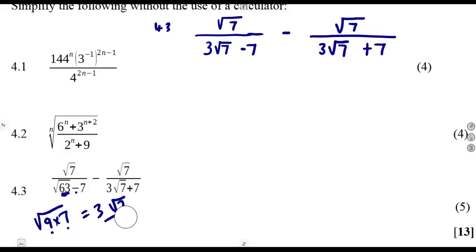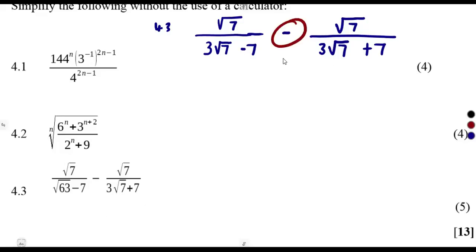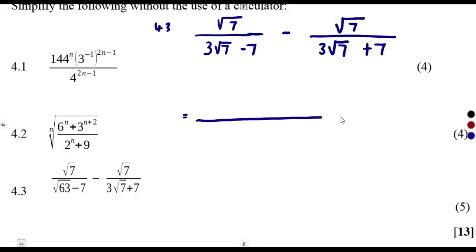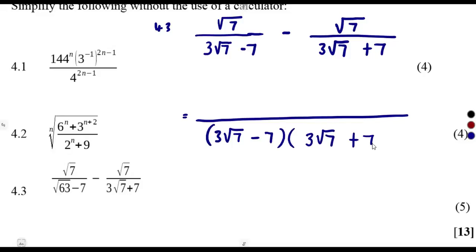So as we do understand simplification of fractions, addition and subtraction, you must consider the LCM. What is the LCM of our denominators? We're just going to take them as they are. As you can see, they are different. So this is 3 square root of 7 minus 7 into 3 square root of 7 plus 7.